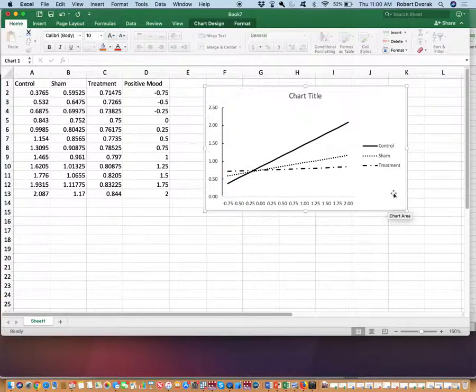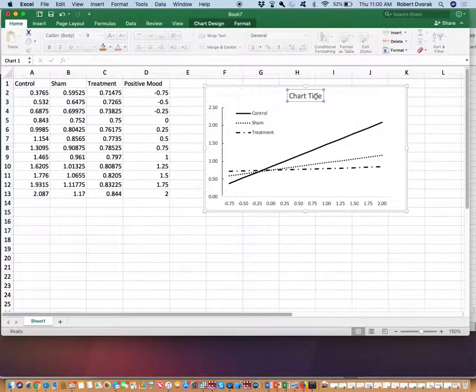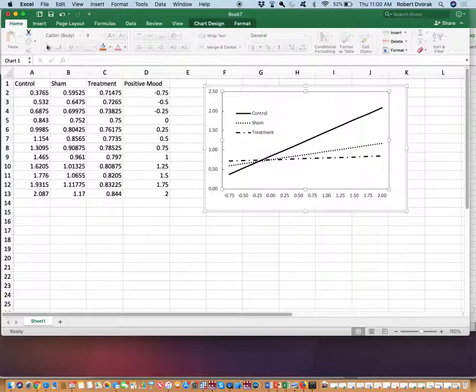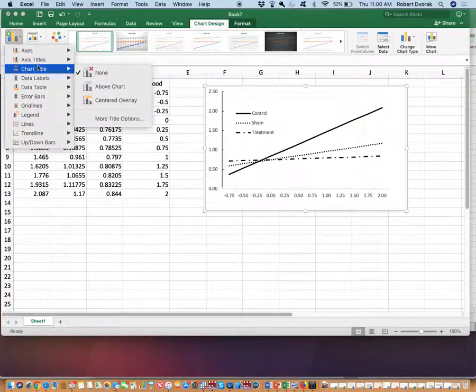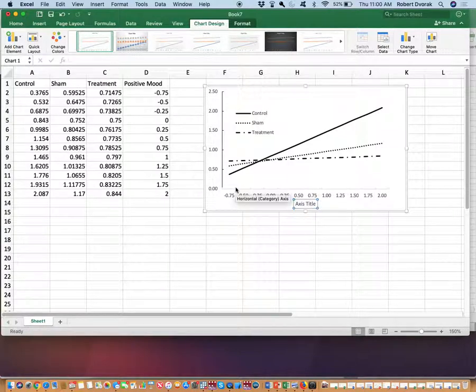I would dump those. I like to throw this in my chart like such. And then you can either have a title or not. I might do something like this. Move this up. And then go chart design, add chart element, and then add your titles here.